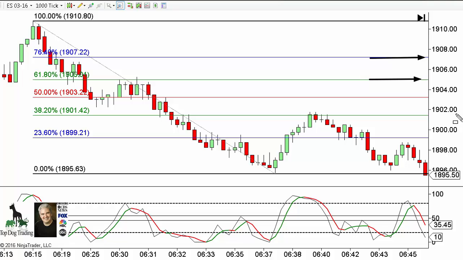Yes, we have price over here on the y-axis, but on the x-axis we have time. That's what you've got to work with on a chart, time and price. So we are looking for the confluence of time and price in order to find where and when the market is going to put in a high and then continue back in the direction of the trend.